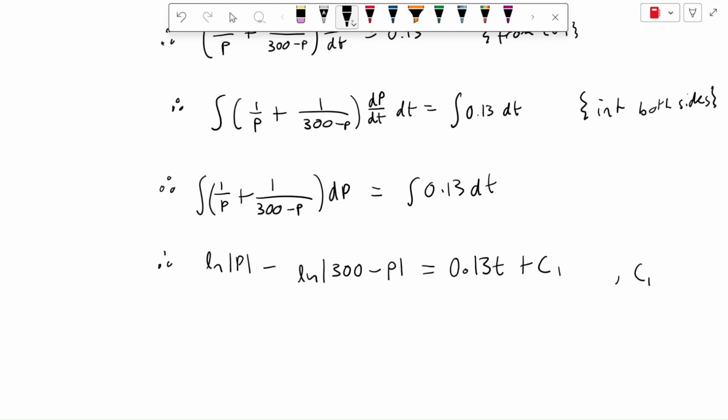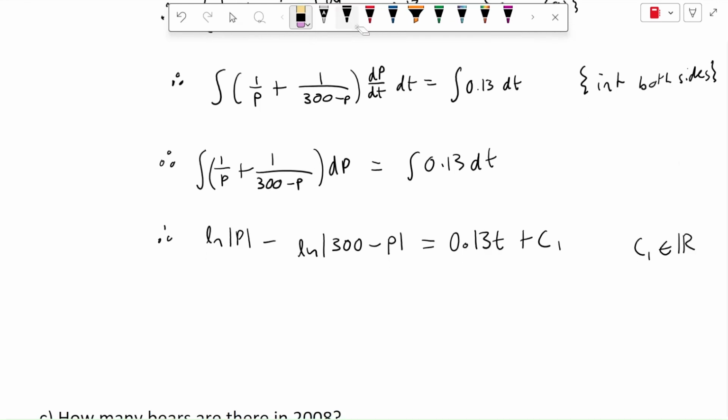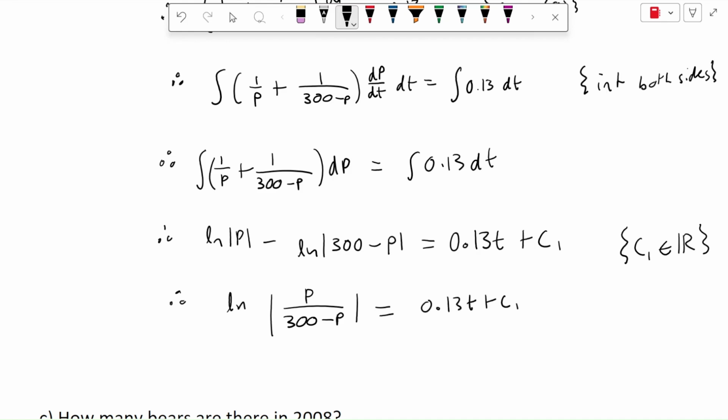So C1 is in R, that's a constant. Okay. Now, we can use our log laws on the left-hand side to combine this into log of P over 300 take P, just explaining what we've done with the log laws.